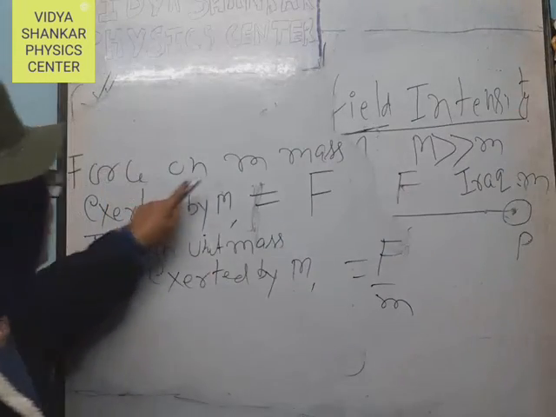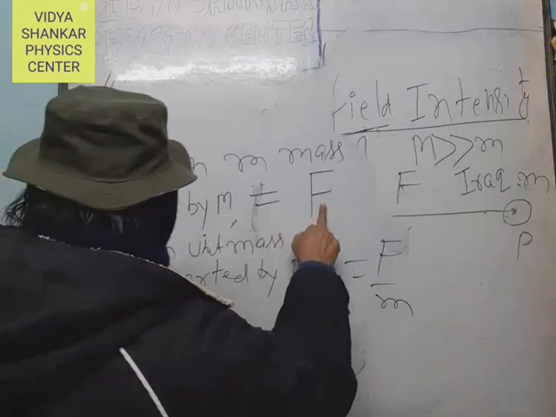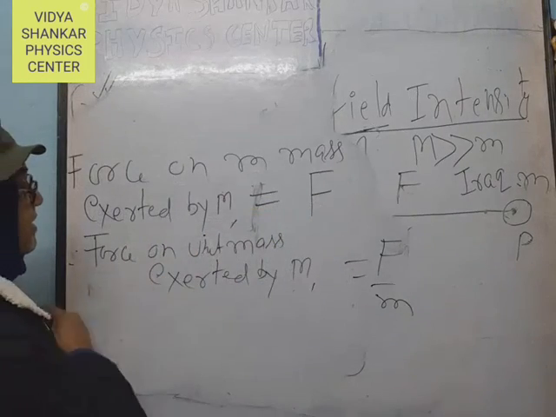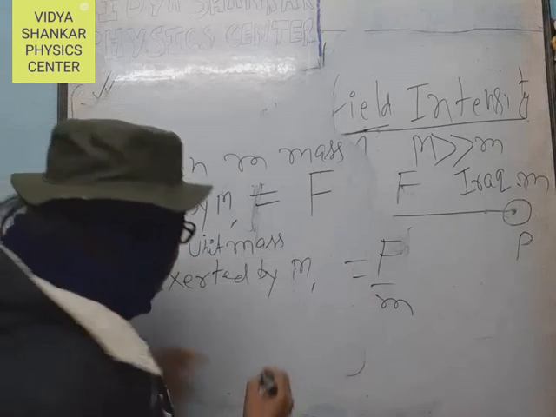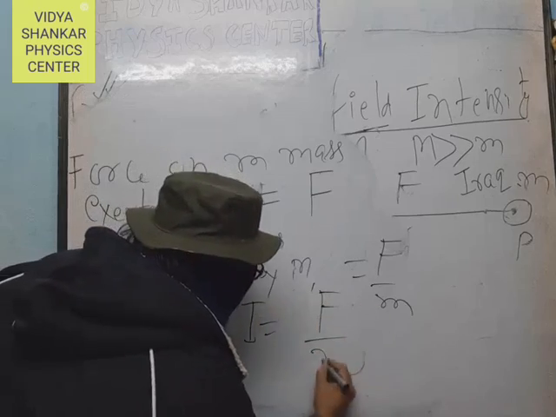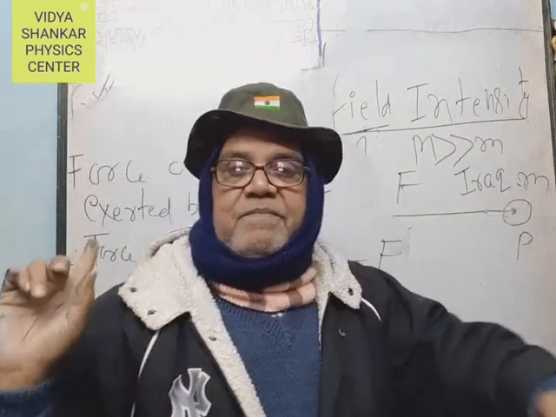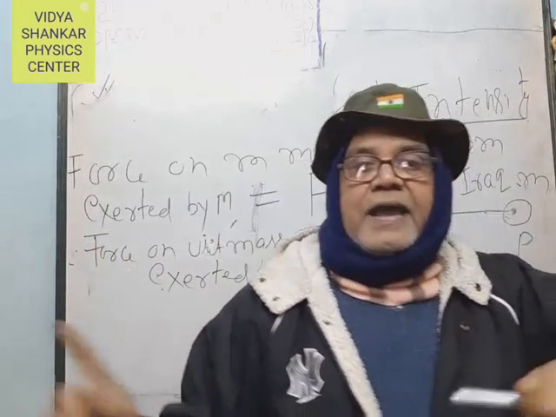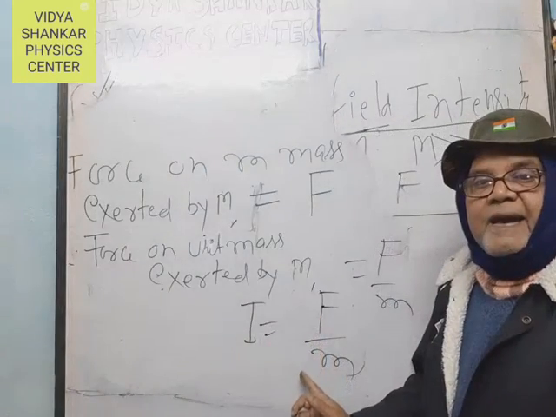The force on unit mass exerted by capital M is F by m. This is the intensity of the gravitational field: I equals F by m.